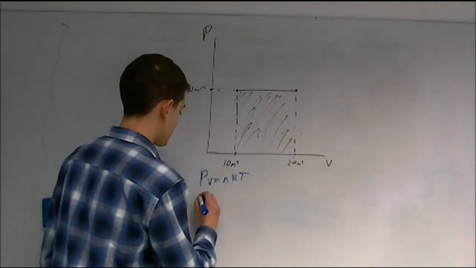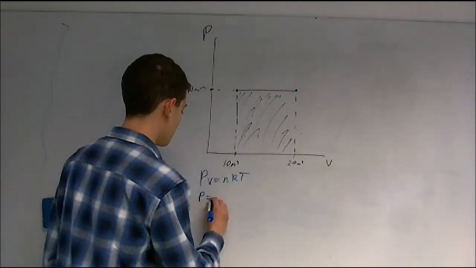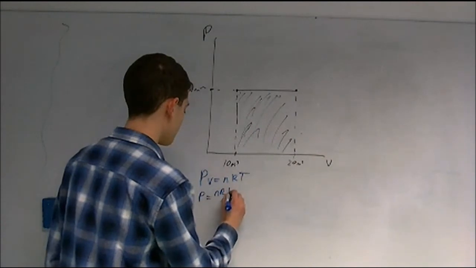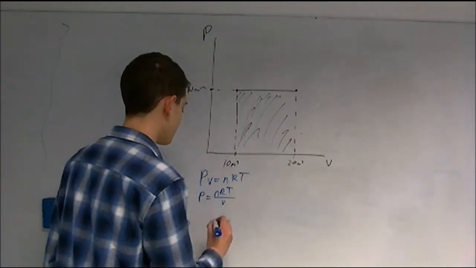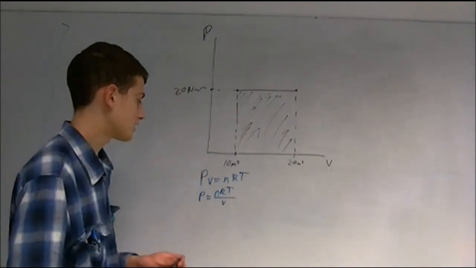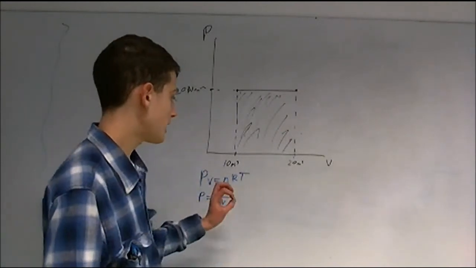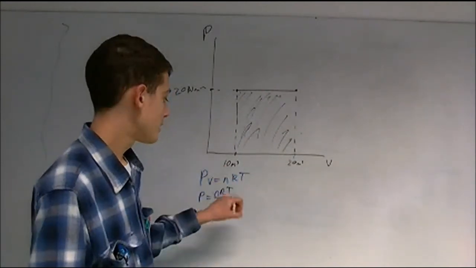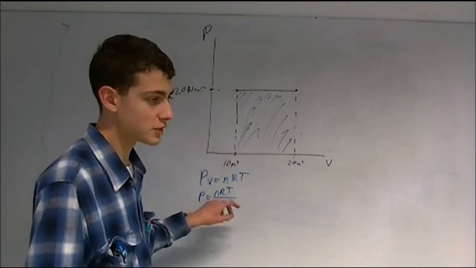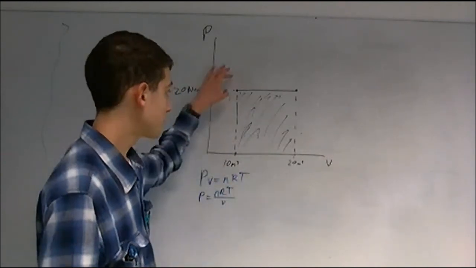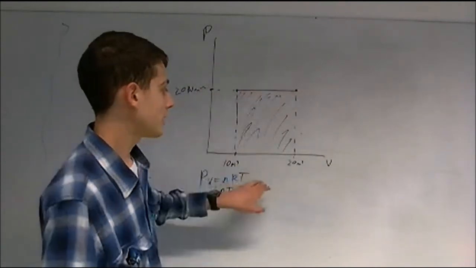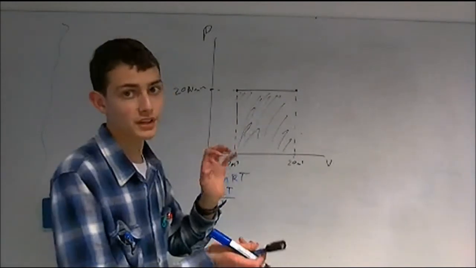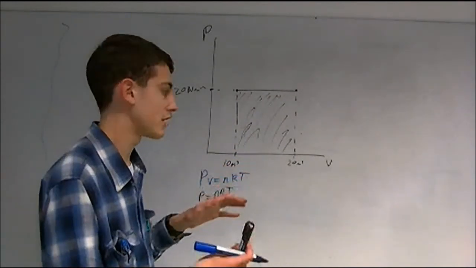We'd be looking at a state where P equals nRT over V. And this is constant. That means that if you change T to make it bigger, you also have to change V to make that bigger as well. So this is getting warmer and it's getting bigger at the same time, so that the heat and the temperature cancel each other out.